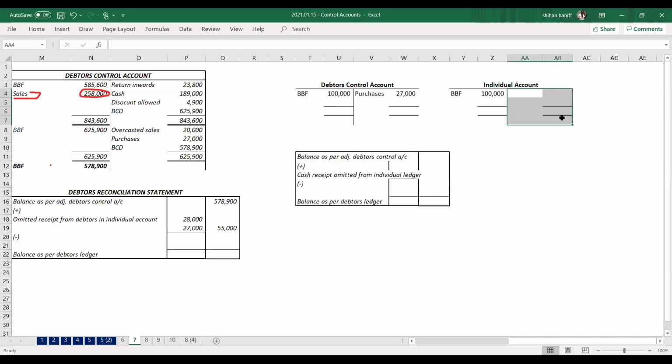The individual account you are not correcting; it is assumed that it is done by another person. Therefore, what is the balance in the control account? 100,000 minus 27,000 is 73,000. So the control account has 73,000.